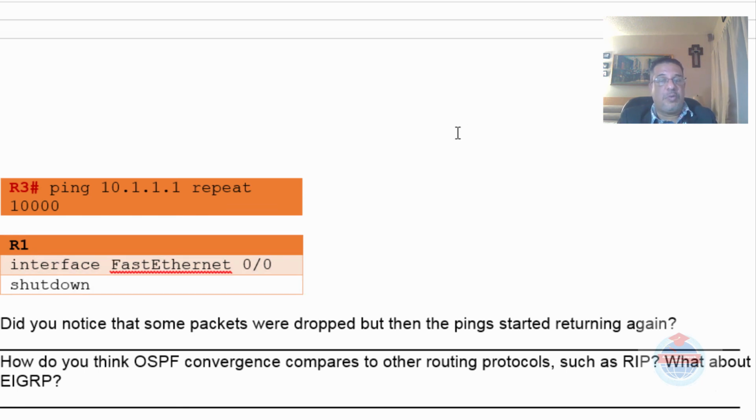One more thing to remember is that EIGRP is the fastest because it can save all the routes, not only the best route possible. So it can have a faster convergence.